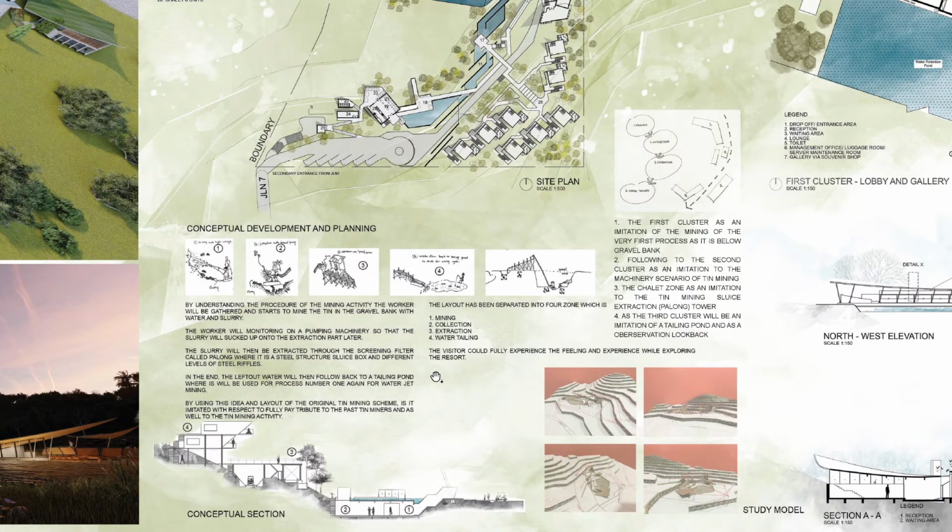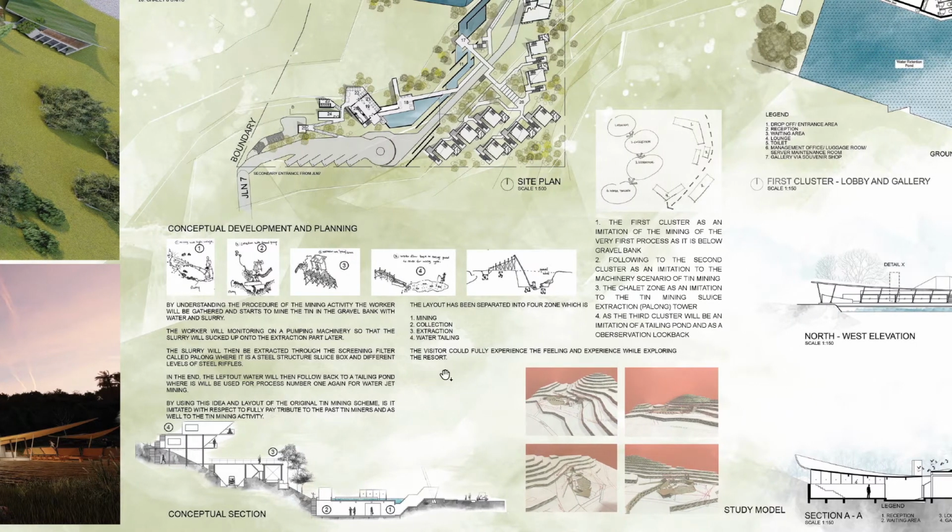By understanding the procedure of tin mining activities, the first process is where the workers gather and start to mine the tin at the gravel bank, which is low ground, with water and slurry. The second process is monitoring the pumping machinery so that the slurry is sucked up to the extraction part. The third process is where the slurry is extracted through the screening filter called the palong, a steel structure with a loose box and different levels of steel riffles.